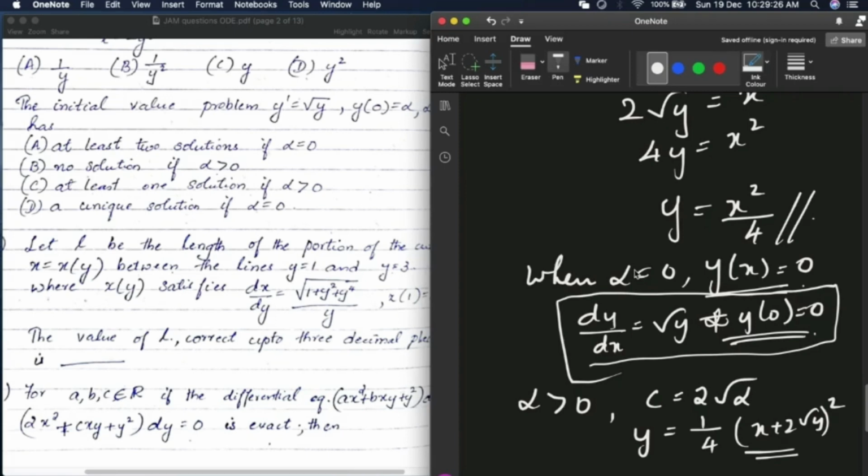Wait. 4y is equal to x squared. So y is equal to x squared by 4.